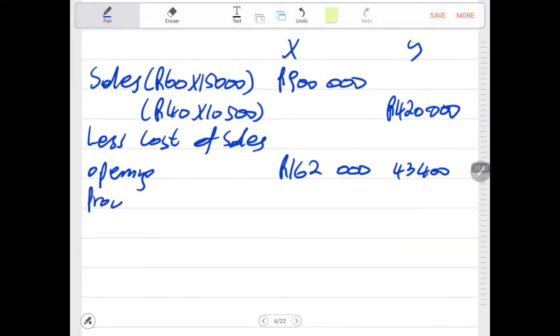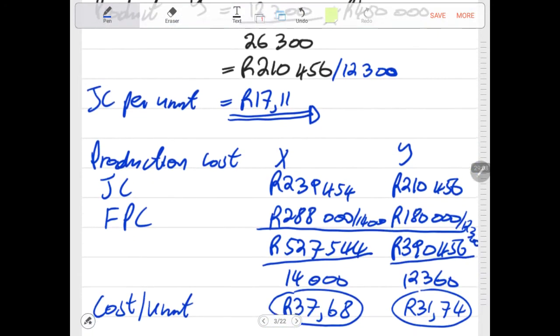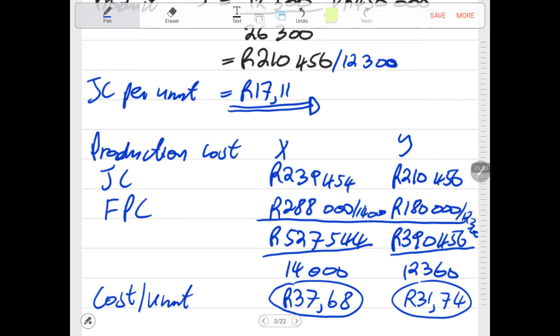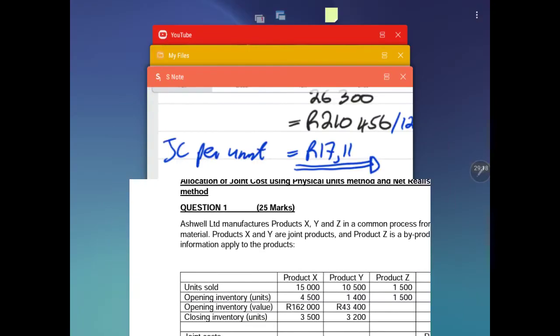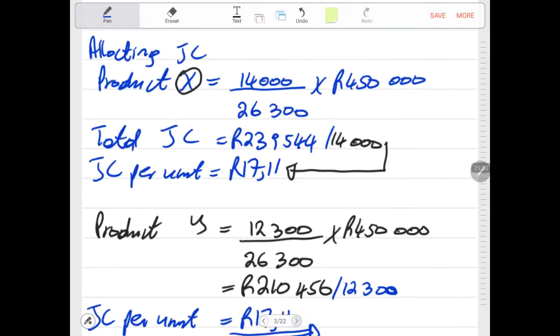Then after that we say production. Now our production, I've already calculated the total cost of production, and our production cost in total is 527,544.